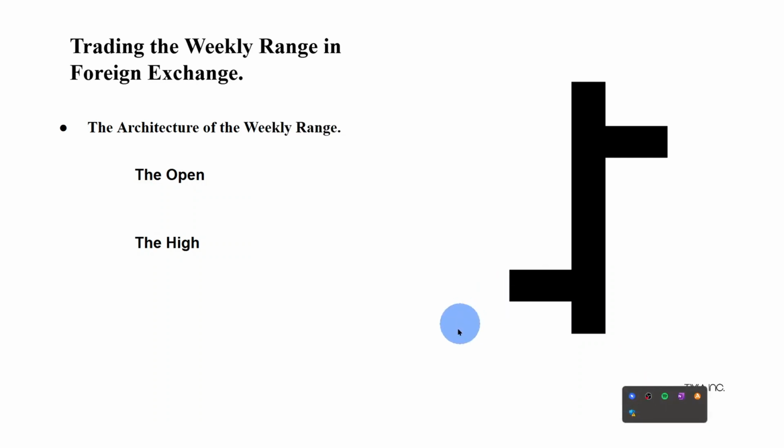Alright, so this is a line chart, and this talks about the opening price, and this references the high of the candle, the low of the candle, and of course this is the closing price of the candle. Now, as we develop in this lesson, we can determine how all of these four factors influence our decision in trading the weekly range.